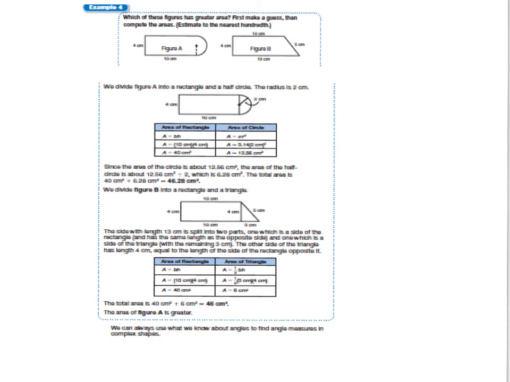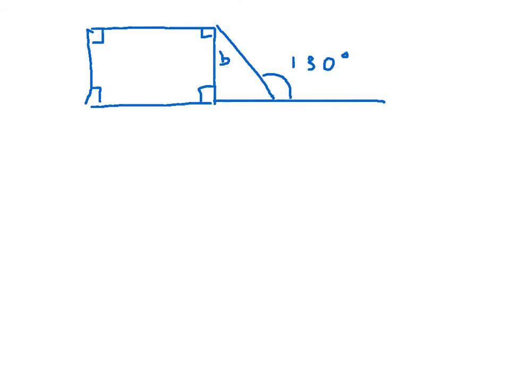We can always use what we know about angles to find the angle measures in complex shapes. So we're moving on to angle measures. We're going to find the angle measures of angle A and B in this figure. And what we're going to be looking at are our givens.